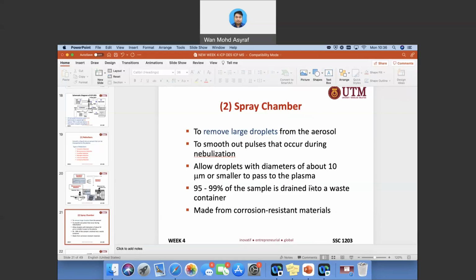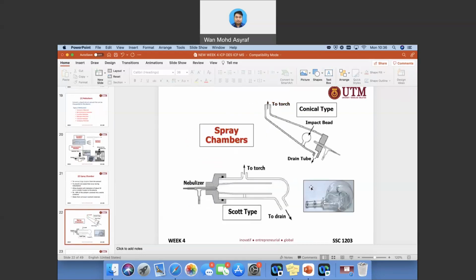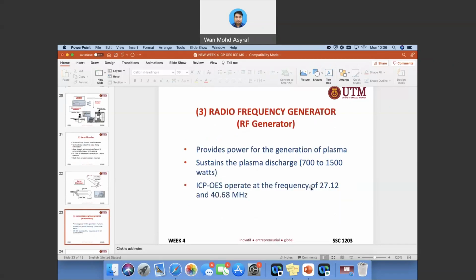Okay, 95 to 99% of the sample is drained into the waste container. So that is the spray chamber. You can see there is a conical type spray chamber and a Scott type spray chamber.